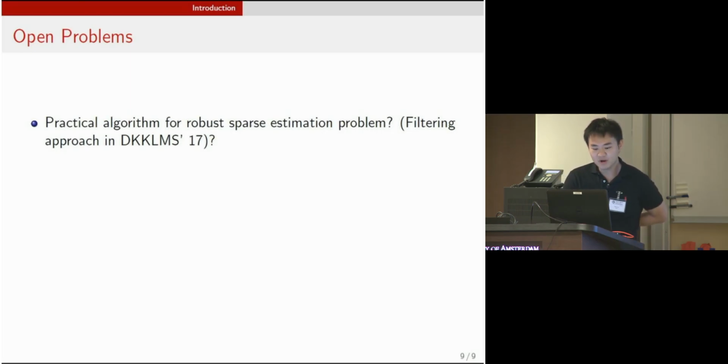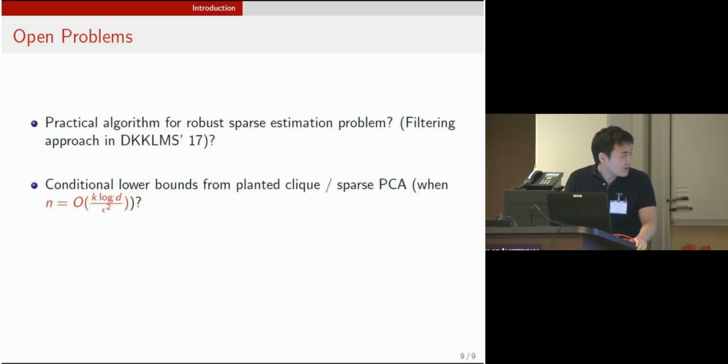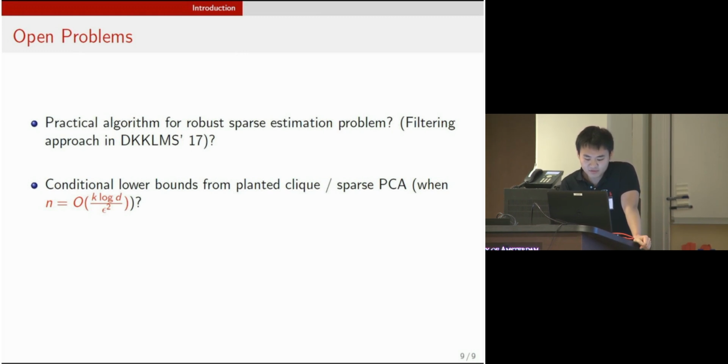I'll list some open problems. We propose a polynomial time algorithm for the sparse estimation problem, but the polynomial order is very high, so probably we can design some more practical algorithm, like the filtering approach in this paper. Can we design a conditional lower bound using a reduction from planted clique or sparse PCA when the number of samples is on the order of k log d over epsilon squared?